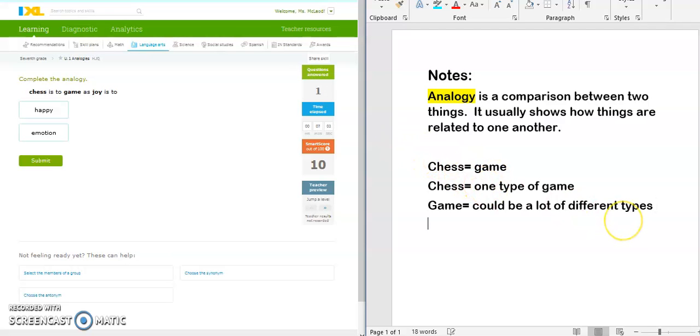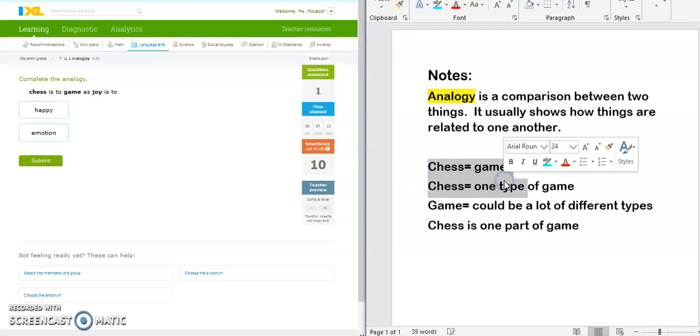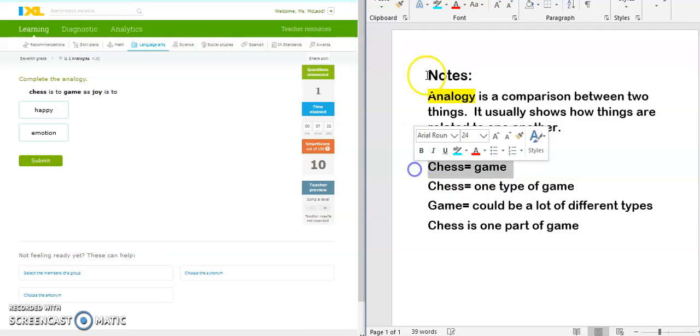All right, so chess. So this means chess is one part of game. So see, chess is just one type of game. So now let's look at what the question I'm trying to answer is. They have joy.